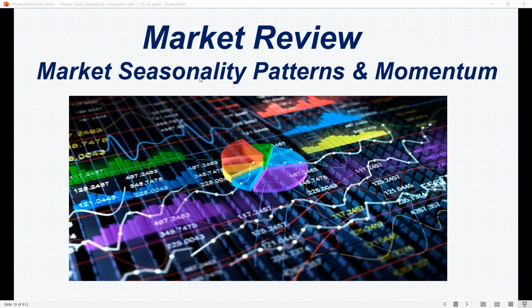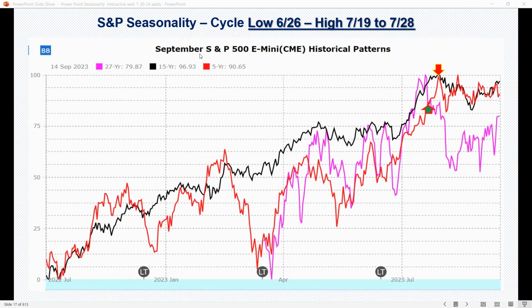So first off, let's take a quick market review and look at the seasonal patterns and the momentum that's coming up. Here are what I call continuation seasonal patterns, and we're coming to the end of a pretty strong seasonal trend. When we get into the first 3 weeks of July, this is a super strong seasonal period of time, and we've had a great move to the upside on the markets.